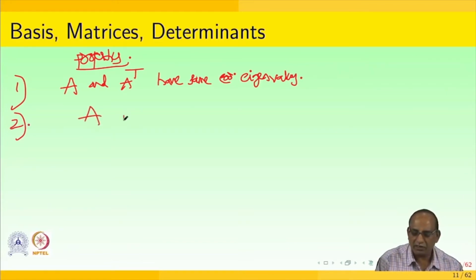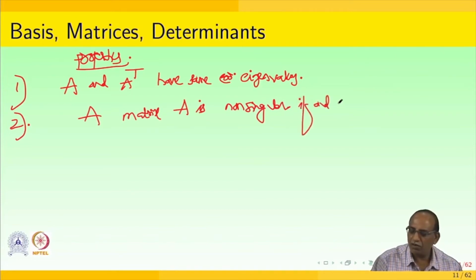A matrix A becomes non-singular if and only if all its eigenvalues are non-zero.